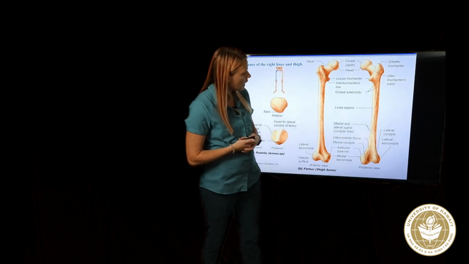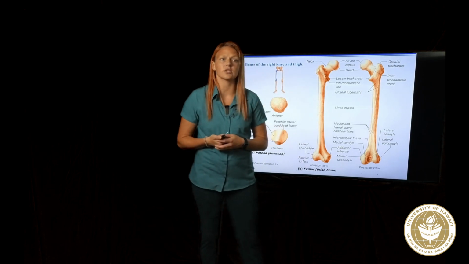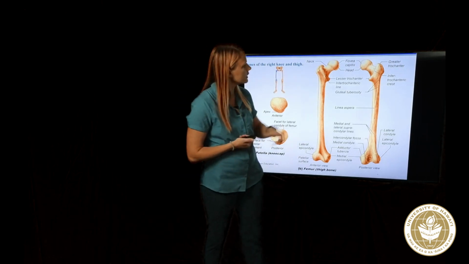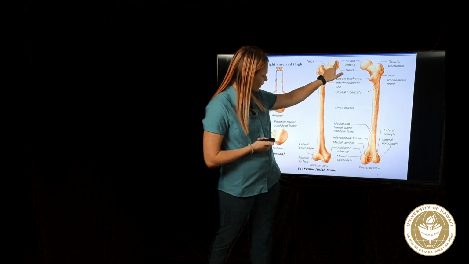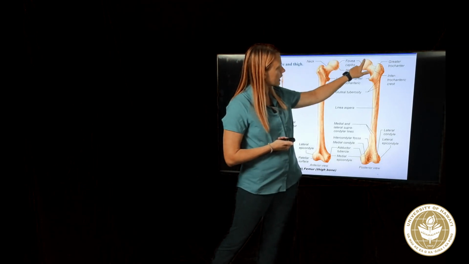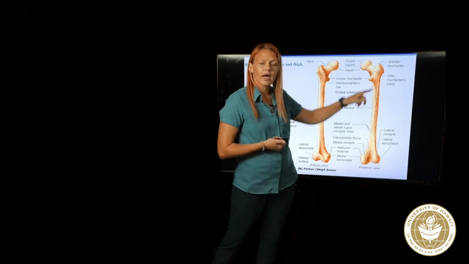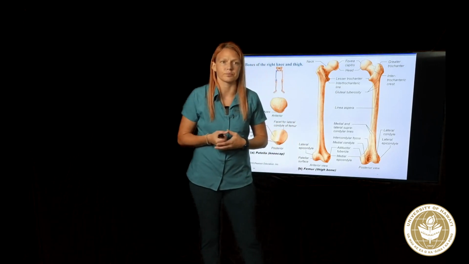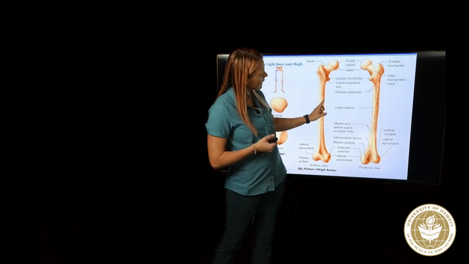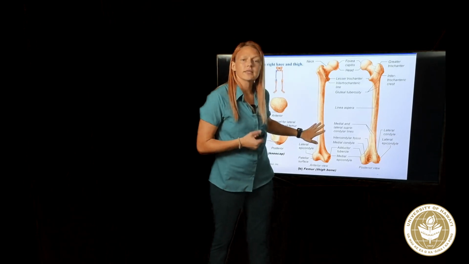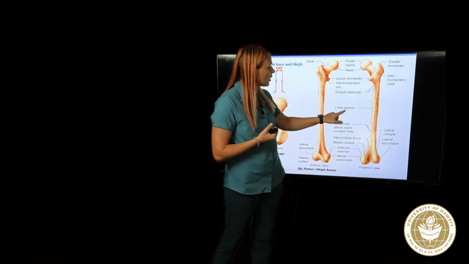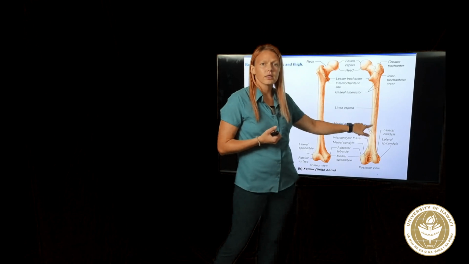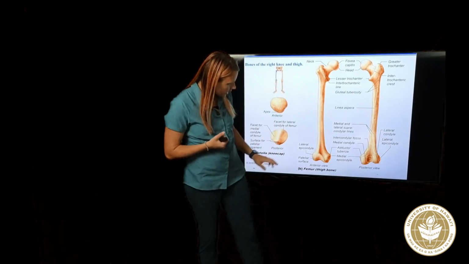The neck of your femur is going to have a bulbous head. So you can see this bulbous head here in the anterior view as well as that posterior view. And that's what connects to the hip. That's what articulates with that acetabulum. Then when we go down it, the shaft region, it's not called the shaft of the femur, it's called the linea aspera. And then we have the condyles down here.